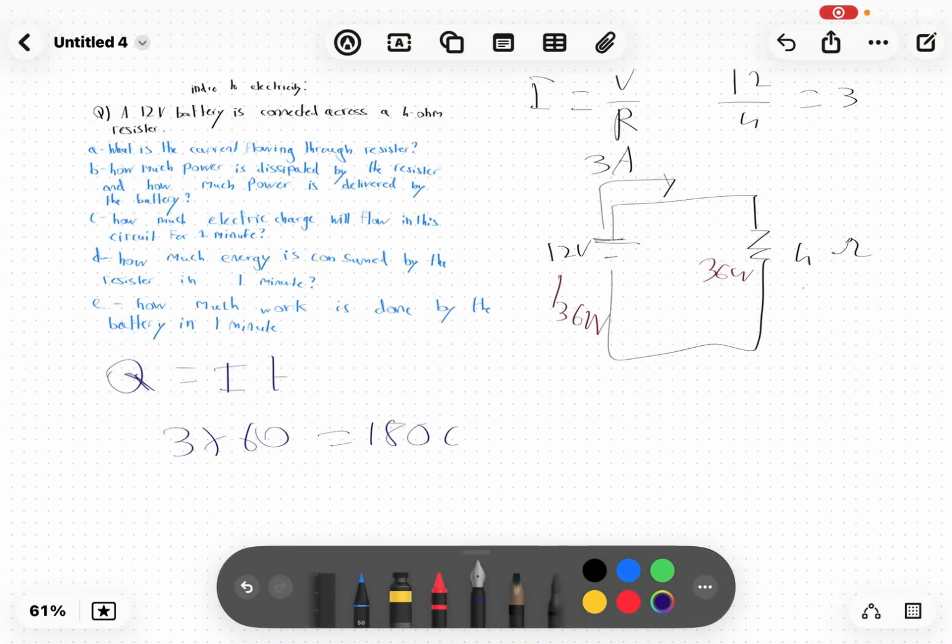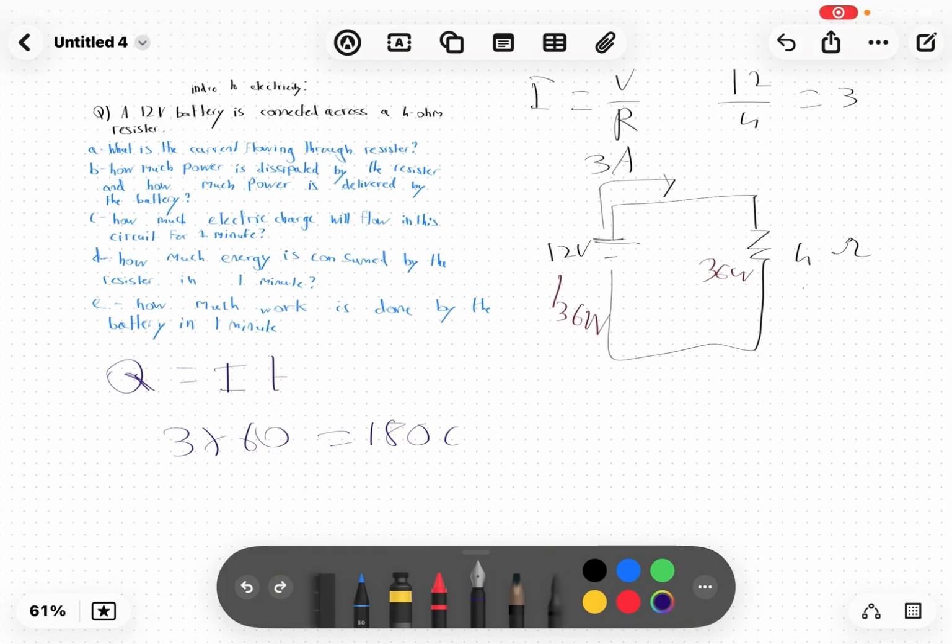After that, how much energy is consumed by the resistor in 1 minute? So basically, power and energy are different. Power is measured in watts and energy is in joules, even though they're kind of similar.